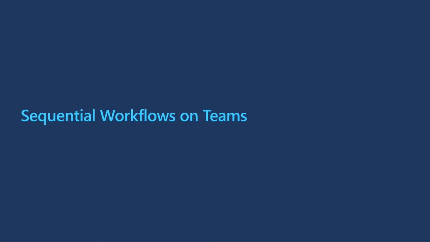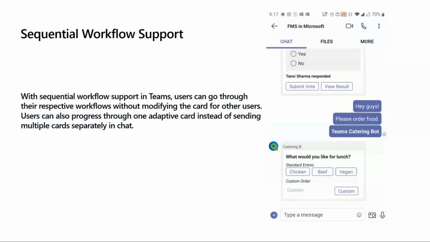Okay. So I want to talk about one more use case there before we jump into the behind the scenes or some Q&A. The next thing that I want to talk about is sequential workflows on Teams. So today on Teams, essentially whatever card you send, like we talked about, it's the same for everyone, right?